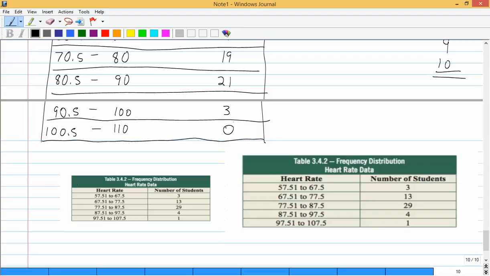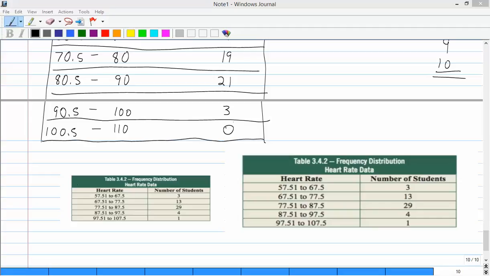And then they constructed their frequency distribution.